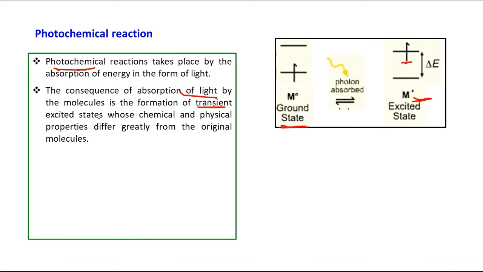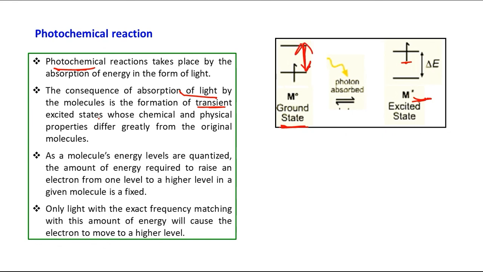So now the electron is in the excited state, and the energy gap between these two states is delta E. We know that molecules' energy levels are always quantized. So not just any energy will be enough when we provide it. The amount of energy required must match the value of delta E. The amount of energy required to raise an electron from one level to a higher level in a given molecule is constant, fixed.